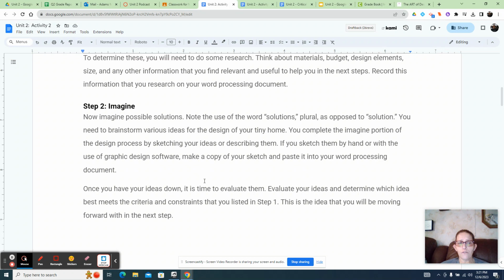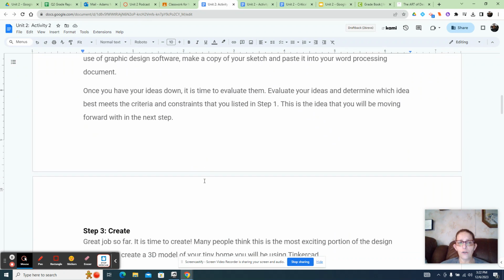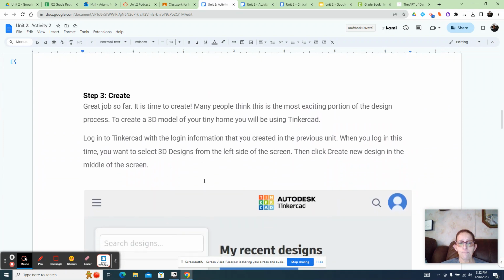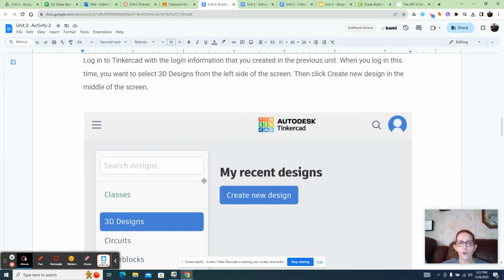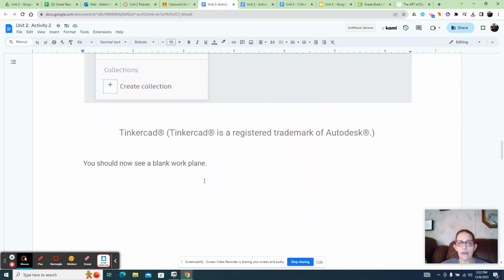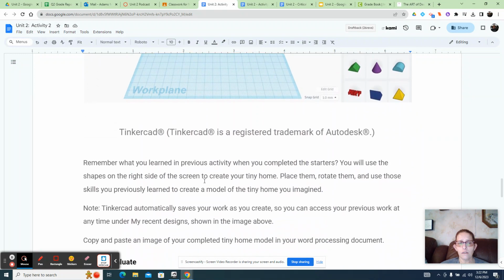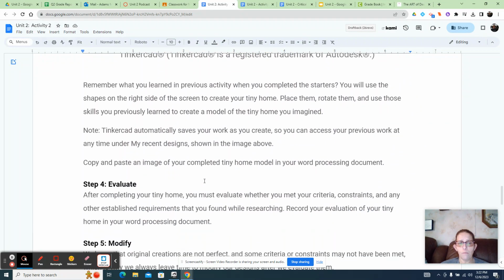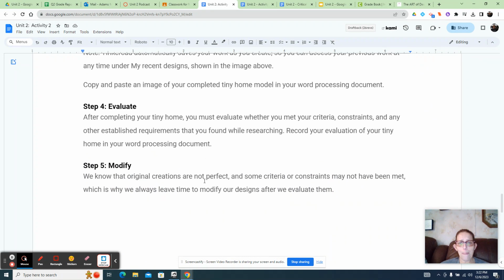You could do a sketch first before you draw it out in Tinkercad. You don't necessarily have to have an inside of your house, but you can if you want. That would be over and above, so that would help you out with a 4.